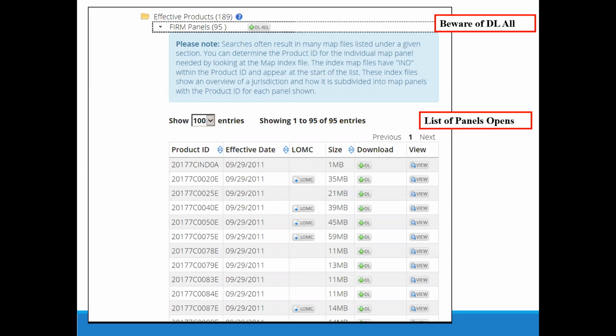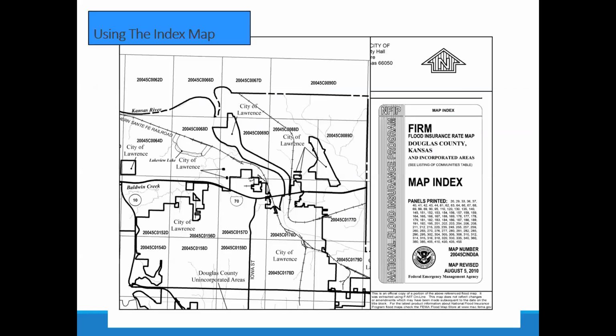If I don't know what FIRM panel I'm looking for, because I still have paper maps, then I can use the index. The first product listed here is 20177C, again for county-wide, and then IND is for index. This is a general map, like a highway map, that shows me all the different panels that I have to choose from.